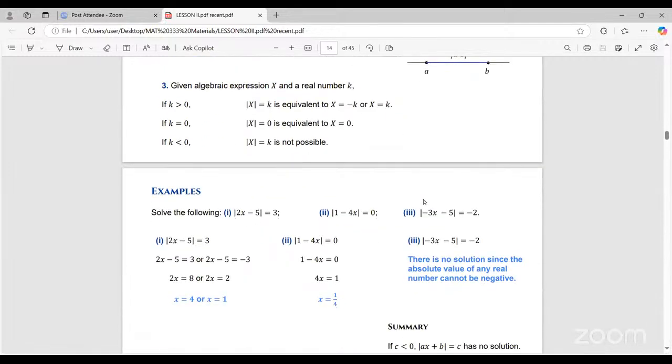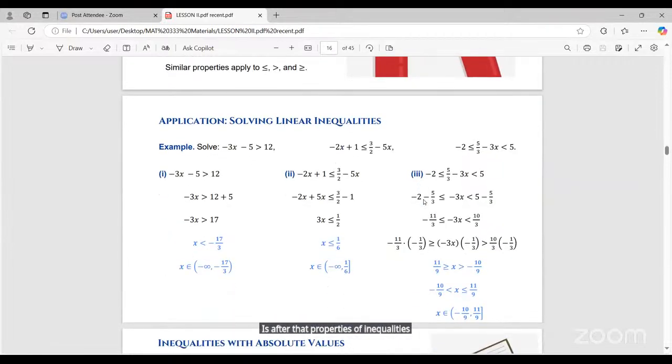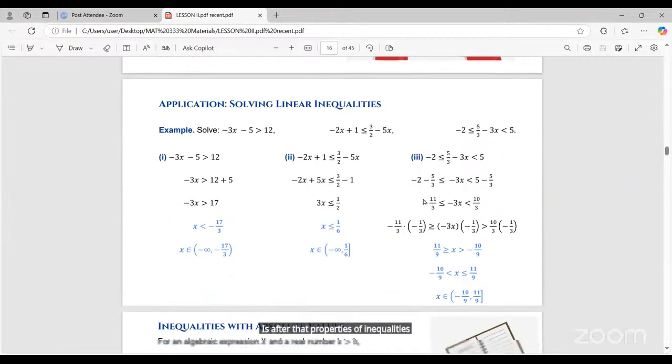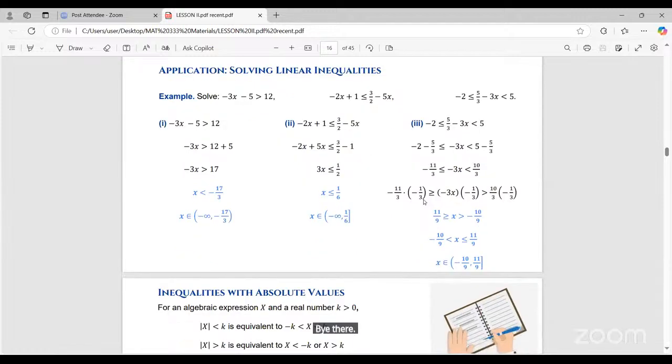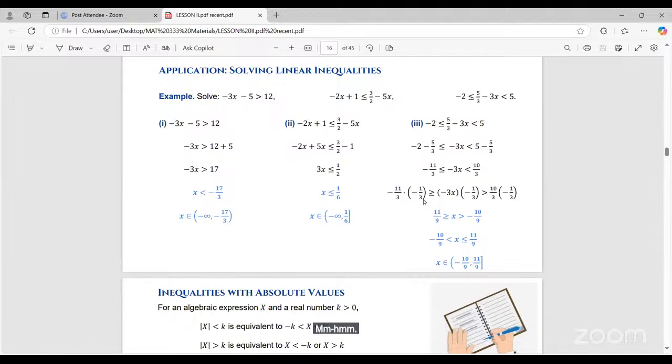After the properties of inequalities, this is the place. It says x is less than minus 17/3. So you said it is open at minus 17/3 since the sign is showing less than.